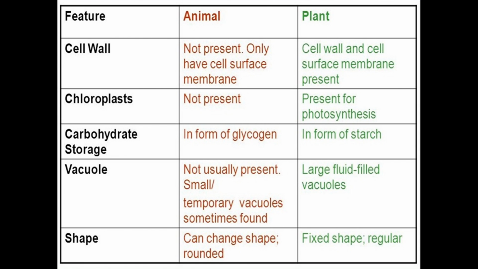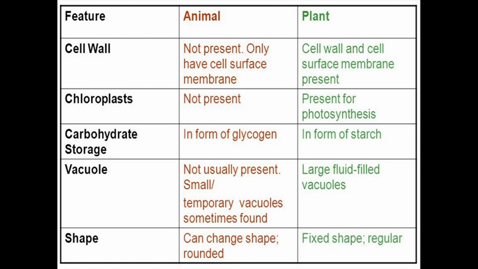In an animal cell, the cell wall is absent; it only has the cell surface membrane. But in a plant cell, the cell wall is present. In an animal cell, chloroplast is absent, but in a plant cell, it is present for photosynthesis.